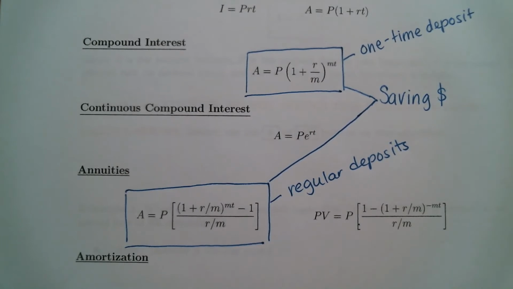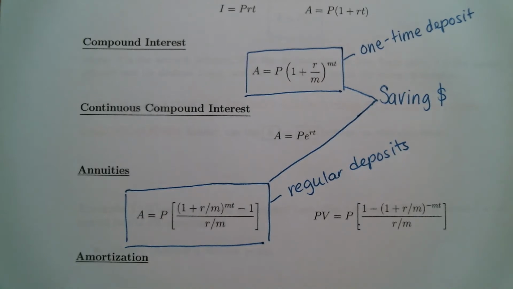The big difference, or how you're going to identify that it's continuous compound interest, is that you're not going to see phrases like compounded monthly or compounded quarterly or compounded annually. You're going to see the phrase compounded continuously.